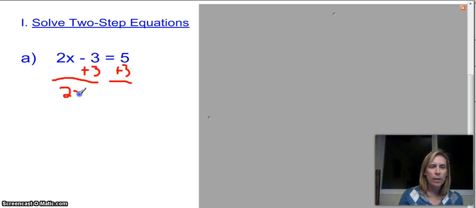So we end up with 2x equals 5 plus 3 is 8. Good. And now how do we undo this multiplication? The division property of equality. Divide by 2, and we end up with nicely isolated x equals 8 over 2 is 4.